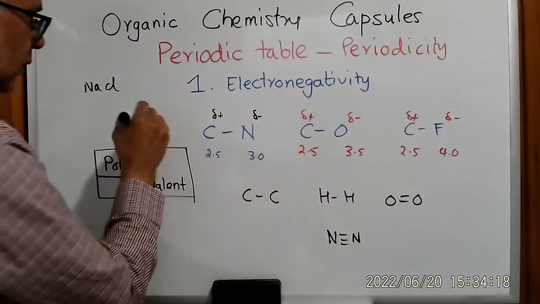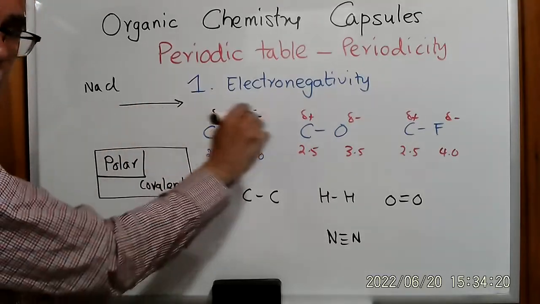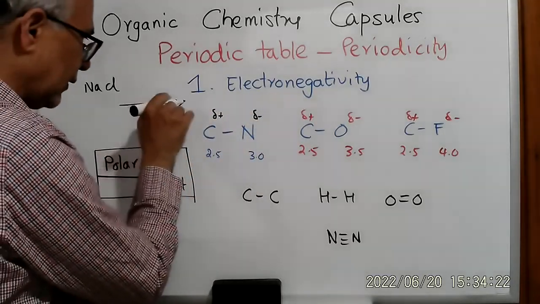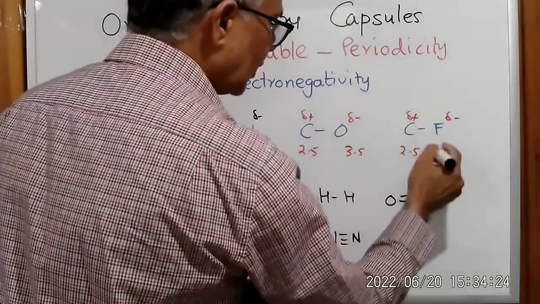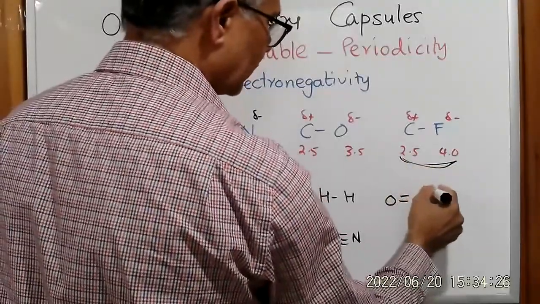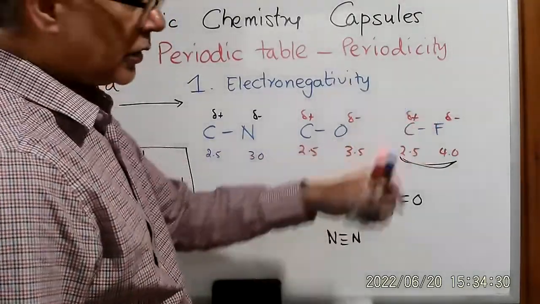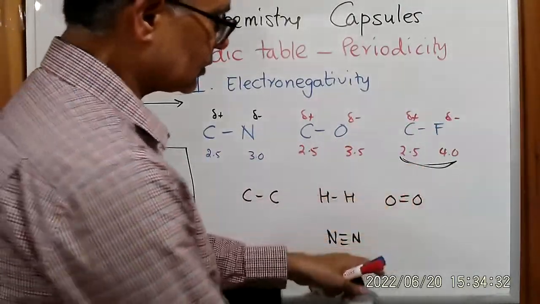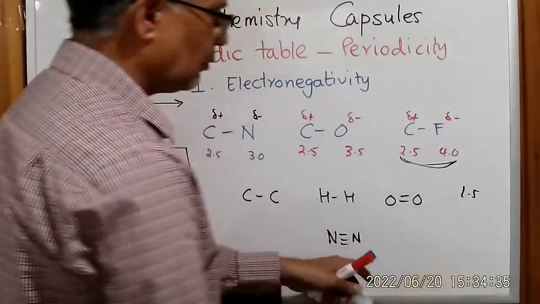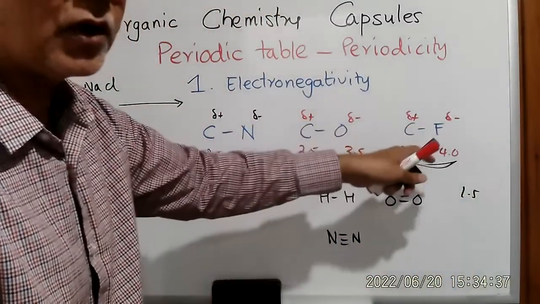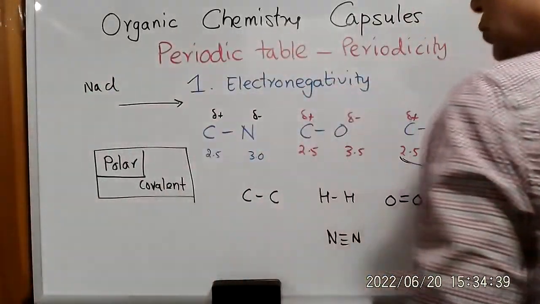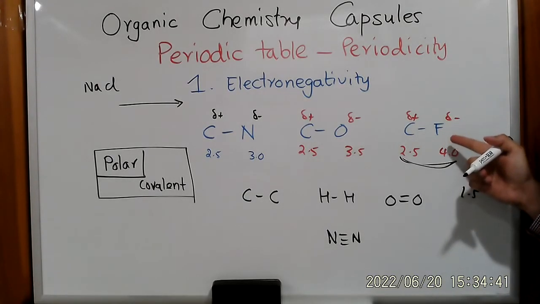Across the periodic table, electronegativity increases. Here I have the numbers. The difference between carbon and fluorine, electronegativity-wise, is quite high.